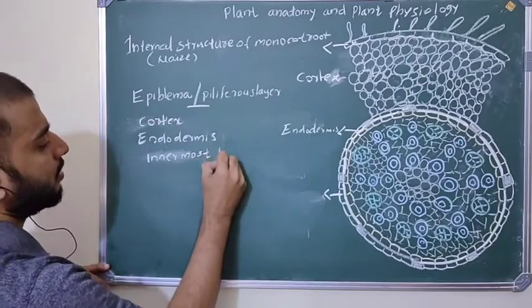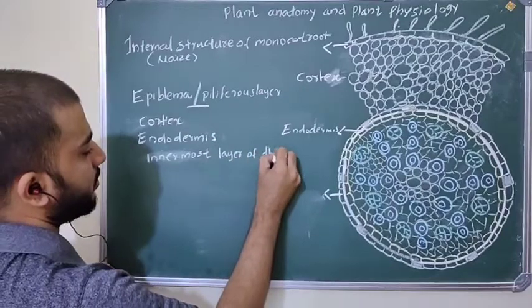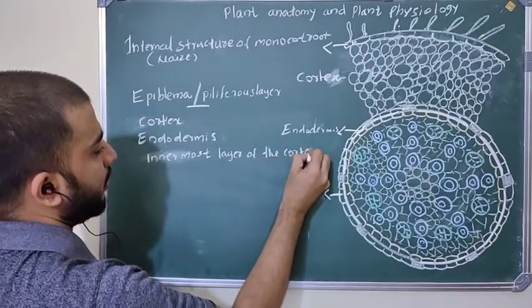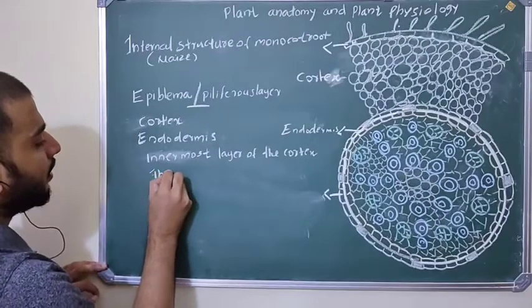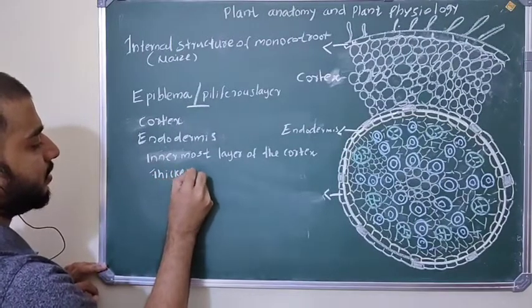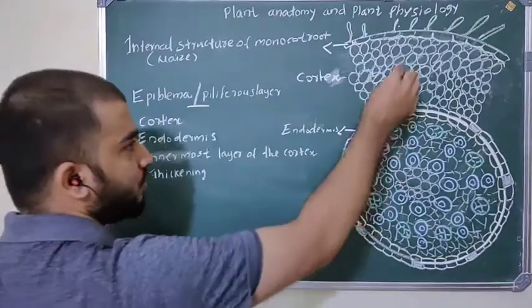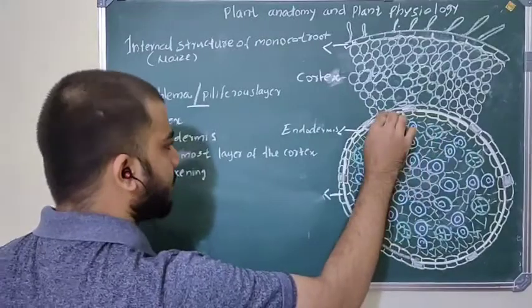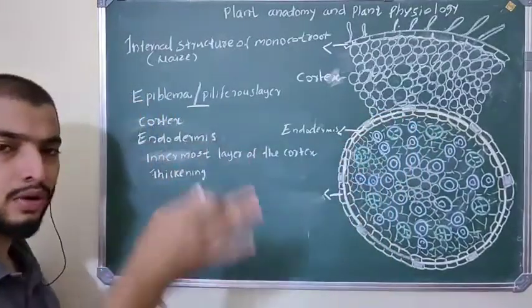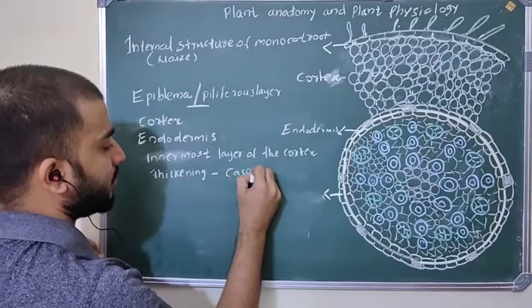They have thickenings, and those thickenings are called Casparian strips. These Casparian strips do not allow the passage of water from the cortex to the xylem. If there are Casparian strips, water movement is blocked.